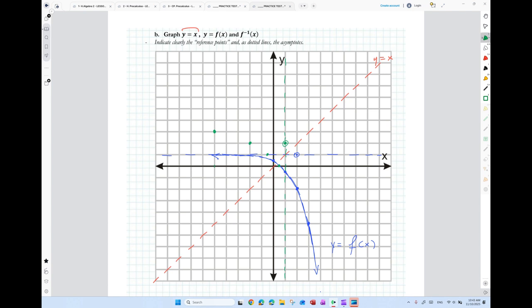So try to do your best for those two inverse functions to intersect at the same point as the other function, y equals f inverse of x. And here we go.